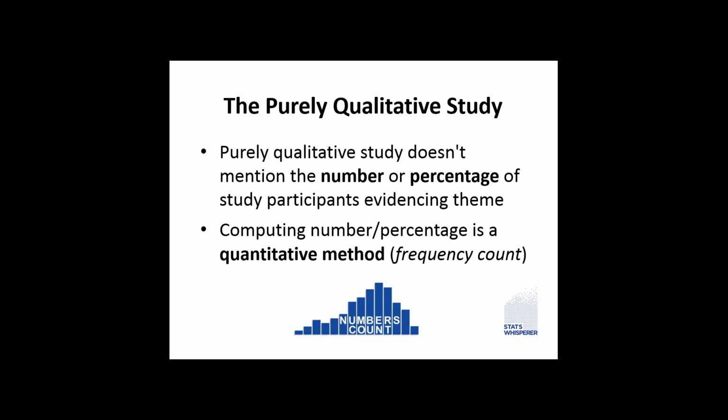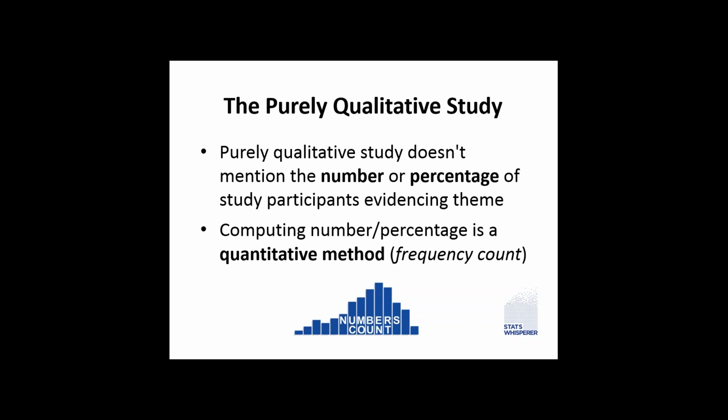Computing the number and percentage of study participants that mention a theme is a quantitative method known as a frequency count, right? So a theme: one person says household bills, another person says household bills, one person says monthly bills. So out of 100, how many people gave data referent to worries about monthly household bills being related to depression? We're not sure because we're just told there's a theme.